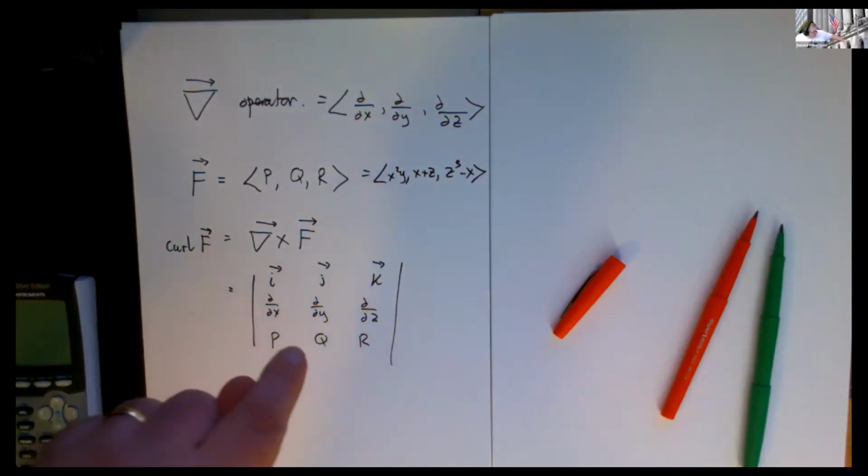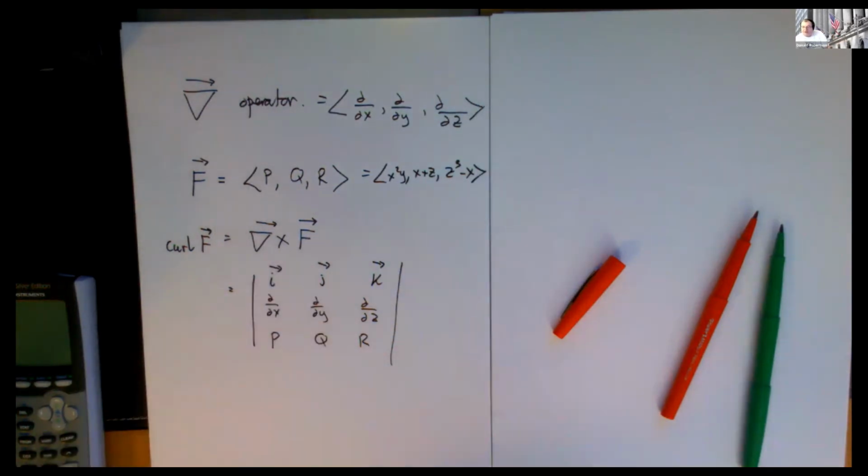So when we find this fella, the cross product of the operator delta with F, we will end up with a 3-dimensional vector that is representing the curl. It's essentially representing the tendency of the thing to rotate in 3D, and it's basically pointing in the direction of that rotation in the 3D world.